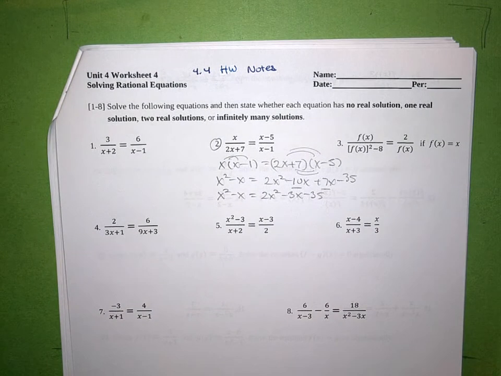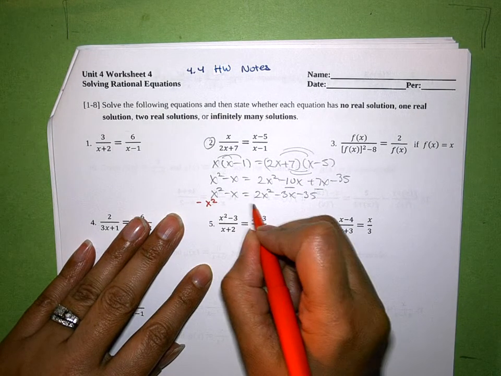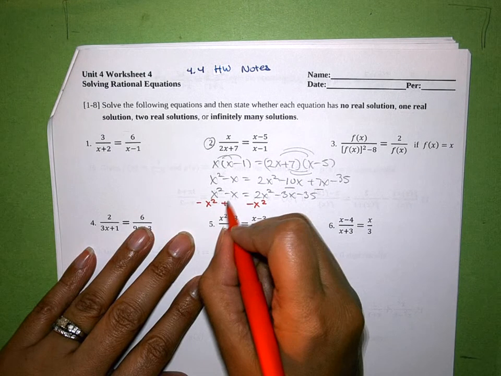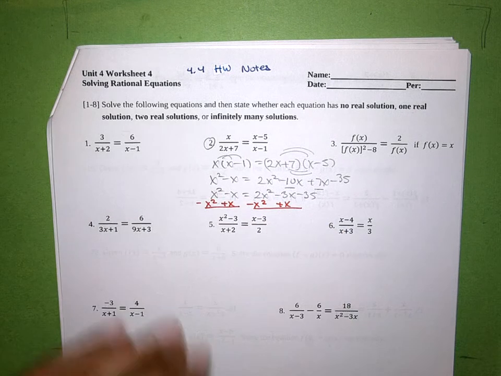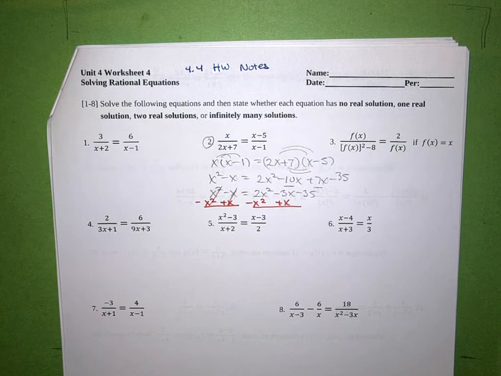And then we do what we did in previous units and you learned last year, to get everything to one side. And I want my leading coefficient to be positive, so I'm going to move everything to the right. It doesn't matter which way you move things, but in this case I'm going to move everything to the right so that I could have it where my leading coefficient is positive.